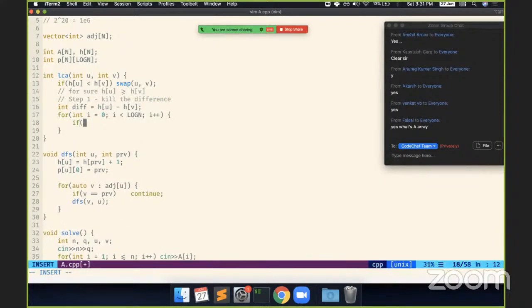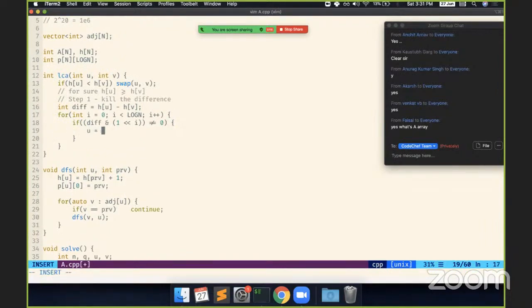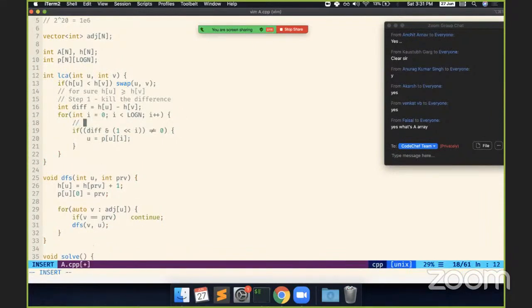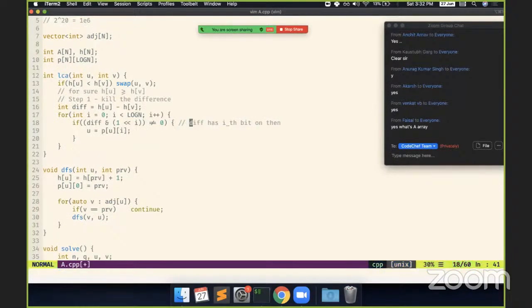Now we say if diff and 2 to the power I is non-zero, that is, diff has ith bit on, then. Do people get this condition?